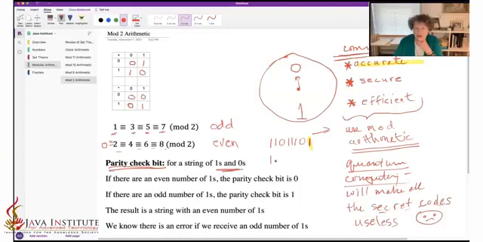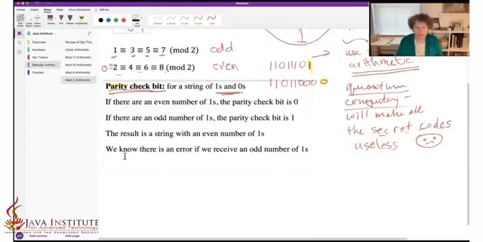If I have 1, 1, 0, 1, 1, 0, 0, 0, I look, okay, 1, 2, 3, 4. I'm going to put a 0 at the end. So it's parity. Parity is odd or even.